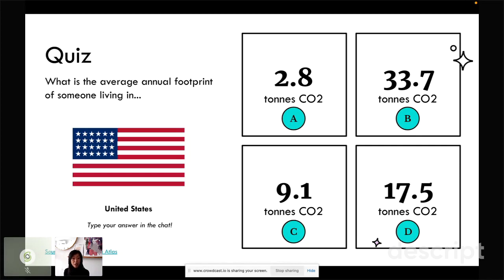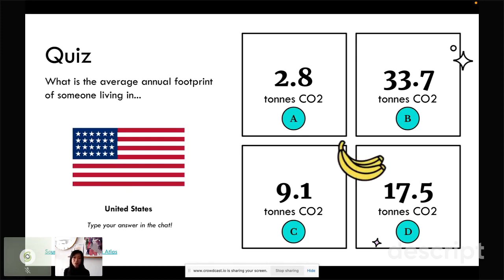Interesting. So people do think that the UK and the US are similar in carbon footprint. We've got some B's as well, 33.7 tons. Okay, so the answer is 17.5 tons.